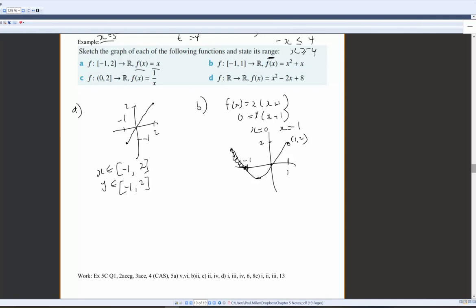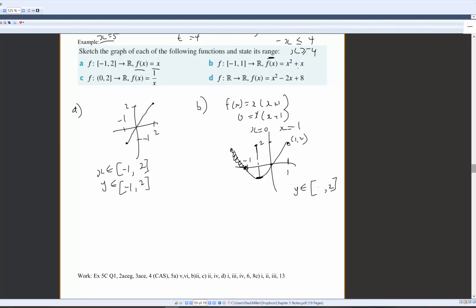So what I need to basically find is the turning point, and up to this point here to get the range. The range is going to be y an element of this value here, inclusive of that value, up to and including 2. So I just need to work out this value. How am I going to get that?